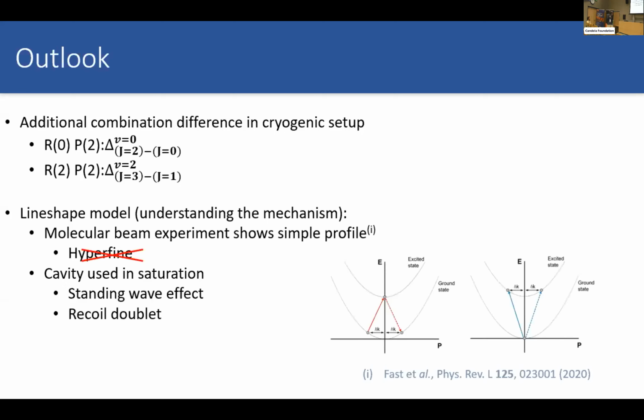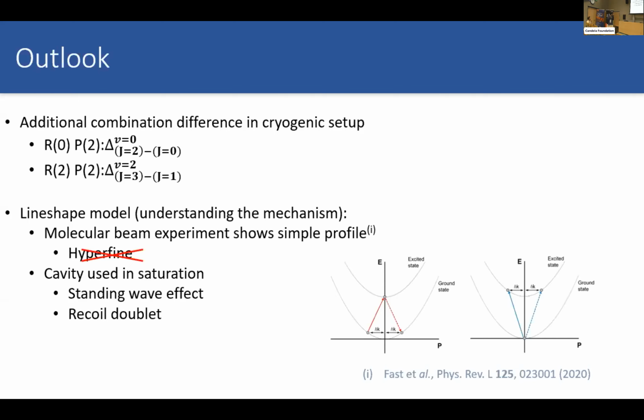And then we had another idea, which was similar to an idea of a Chinese colleague, that maybe the standing wave can have an additional effect. And in our case, we're thinking because we're only saturating at low velocity, we're only looking at velocities that are really low. And then this standing wave effect can create some kind of trapping that could destroy one of these three-peak doublets.